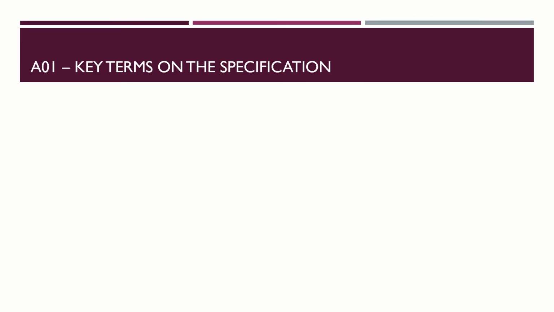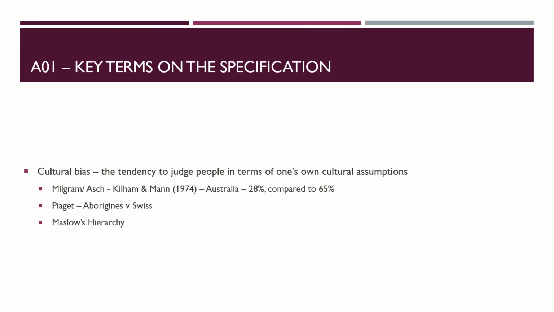So, cultural bias, as it says here, is a tendency to judge people in terms of one's own cultural assumptions. So it's the idea that we might look at people and understand them by applying our own cultural assumptions to them, as opposed to considering them within their own culture.